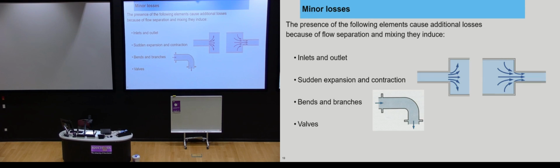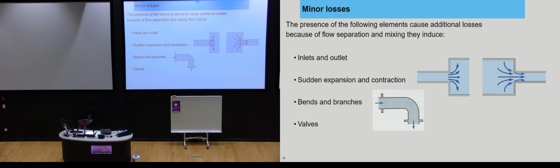In terms of the minor losses, the major losses are generally friction related. The minor losses are due to change in shape, because they happen only at a very localized area. So here you've got a loss as you go to a sudden expansion or a sudden contraction. You might have inlets and outlets. You've got bends and branches and valves. So these are very local.